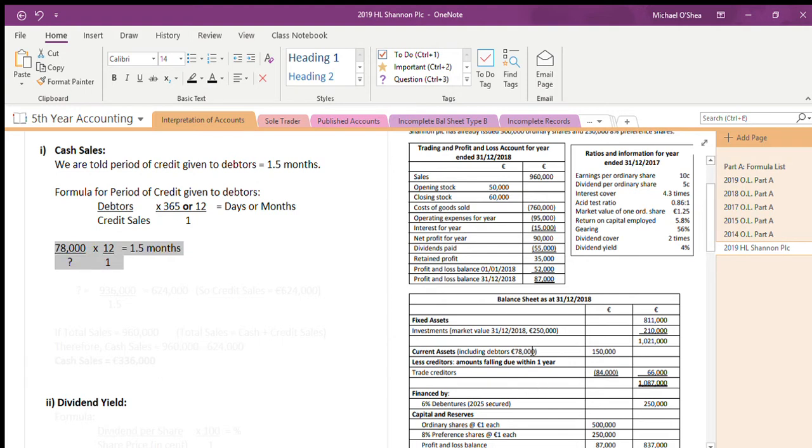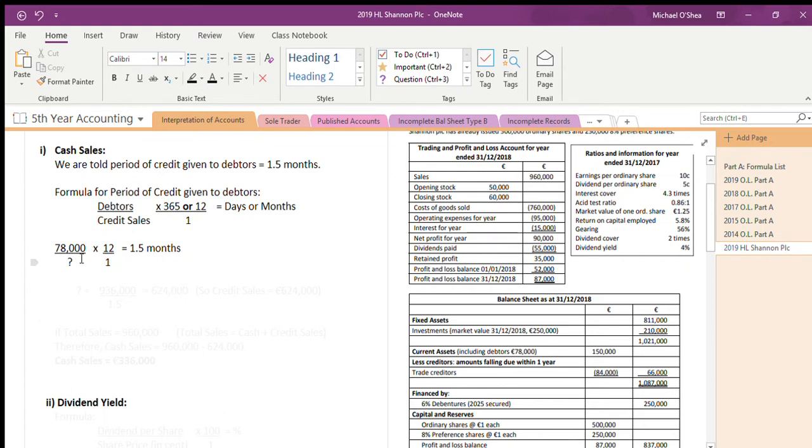I know that my credit sales is an unknown figure. Why 12 months here? Why not 365? Well, this formula, depending on what you multiply, will give you either the answer in days or months. But I've already been given the answer for months. So I don't care for getting the amount of days. I'm looking for the amount of months because I can put this equal to 1.5. So that's what I've done.